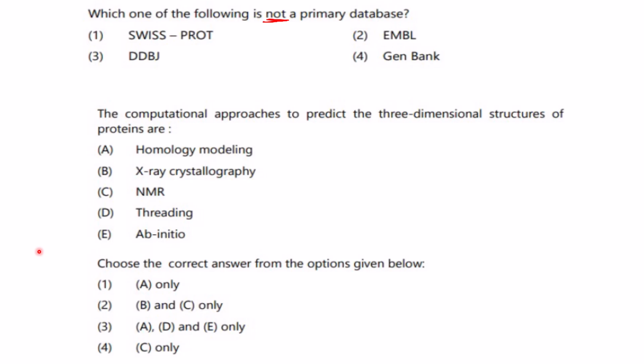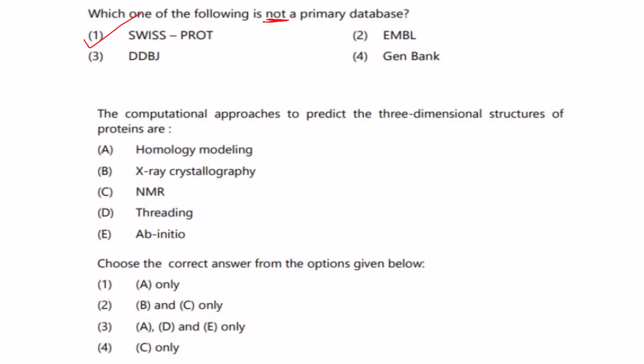Examples include UniProt, Swiss-Prot, then Pfam and PROSITE. These are mainly for protein families and domains. So they have asked which is not a primary database, so that makes Swiss-Prot, which is a secondary database. EMBL, DDBJ and GenBank are primary databases.